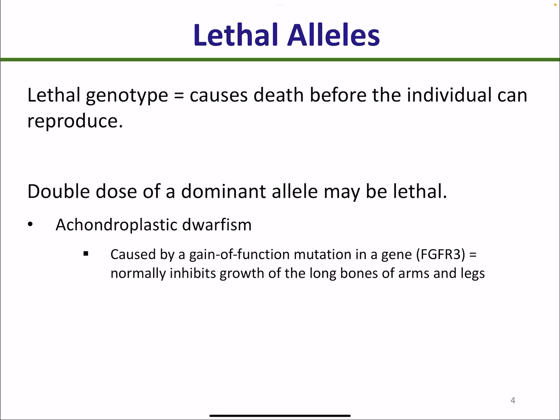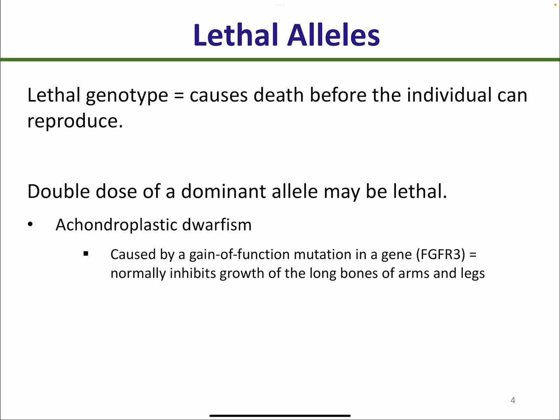And most of the time, these lethal genotypes occur during the embryonic stage and/or the fetal stage of development, so that you have almost systematic miscarriage, right? A double dose of a dominant allele may be lethal. This is what we see in a case of achondroplasia, right?